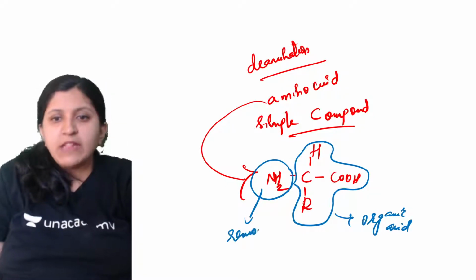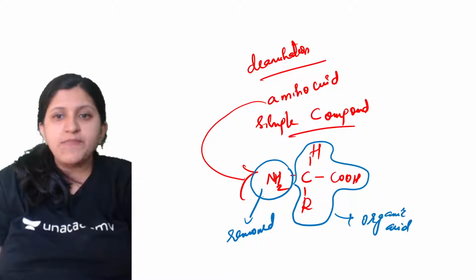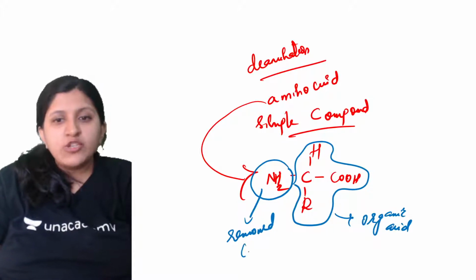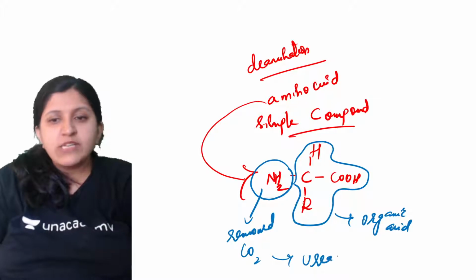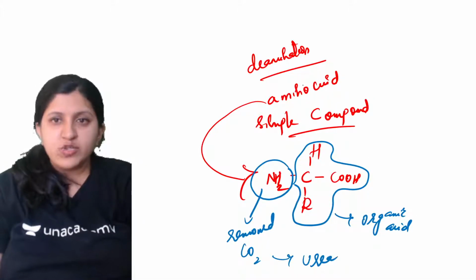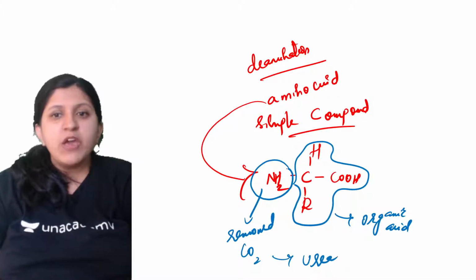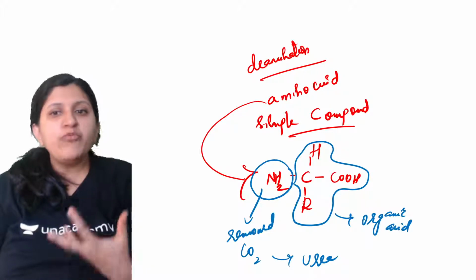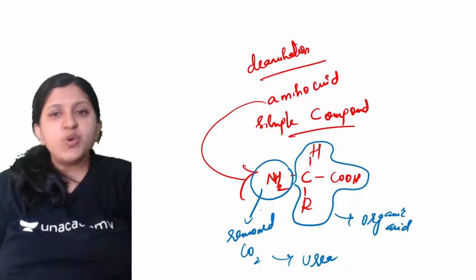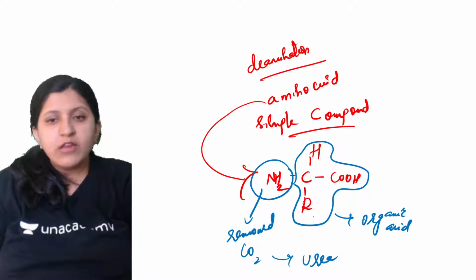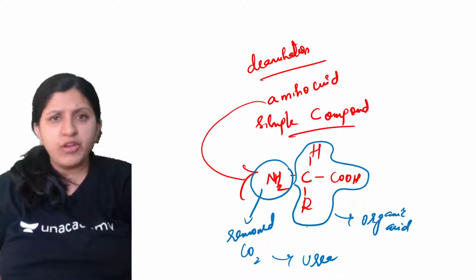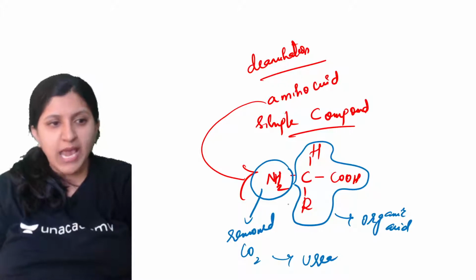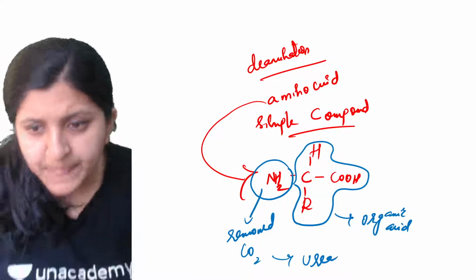This removed part can later join with carbon dioxide and form urea, uric acid, all that will occur. So deamination is basically removal of this amine group from the amino acid, so that it can combine with other compounds and form urea, uric acid, ammonia. Different organisms have different mechanisms.